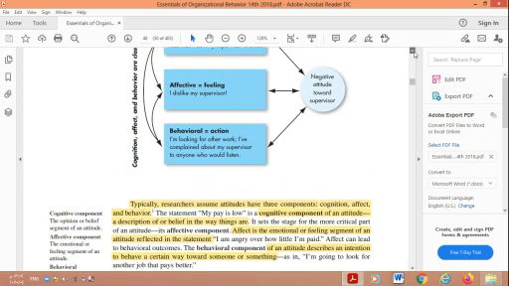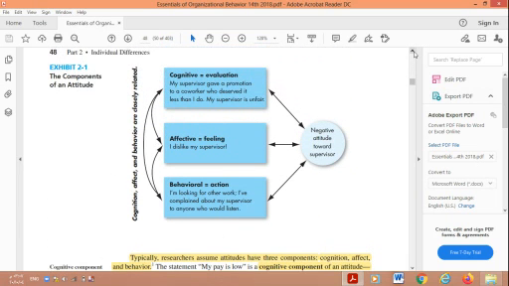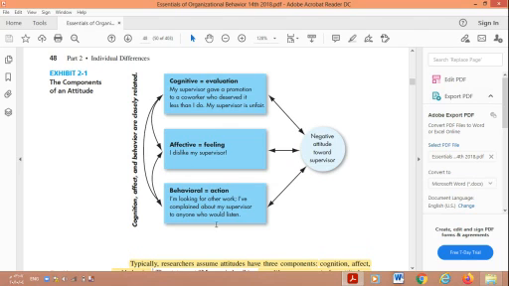Here we have an example given in your student book. The first one is the cognition or the evaluation: my supervisor gave a promotion to a co-worker who deserved it less than I do. My supervisor is unfair. So here I form an idea or a perception that this supervisor is unfair.